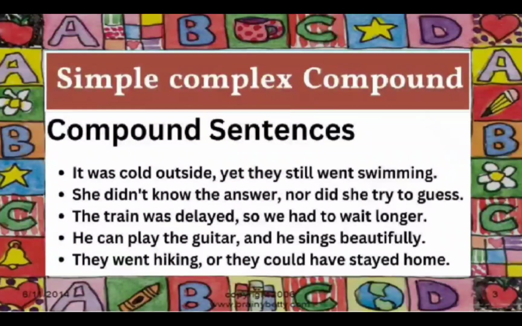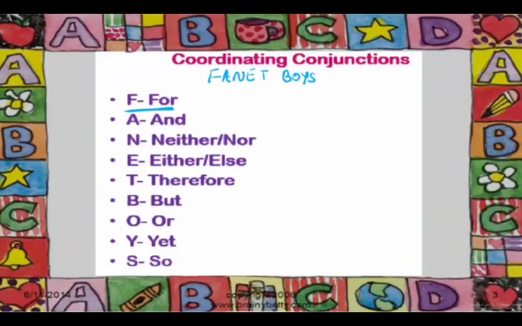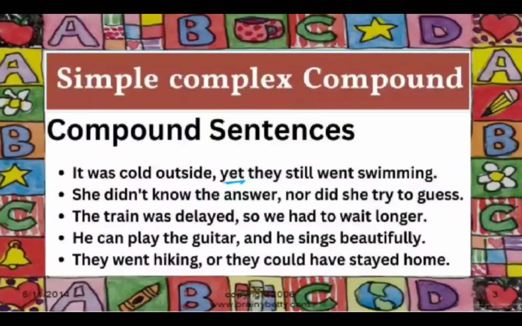Here's the list of compound sentences. It was cold outside, yet they still went swimming. Here it is a compound sentence because the two clauses are being joined by a coordinating conjunction. She didn't know the answer, nor did she try to guess.